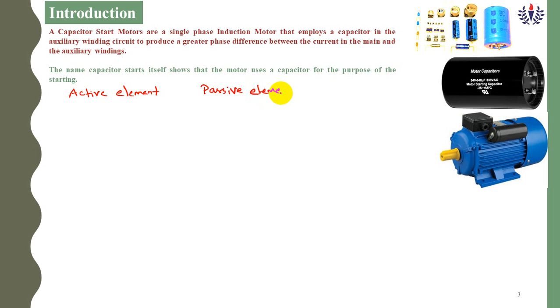Active elements means a voltage source or current source. Only sources are called active elements, that is, input and output.